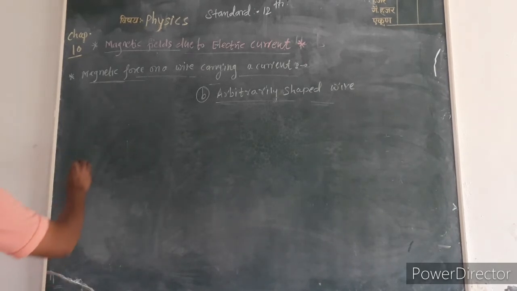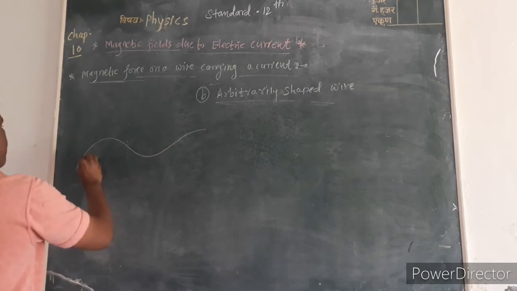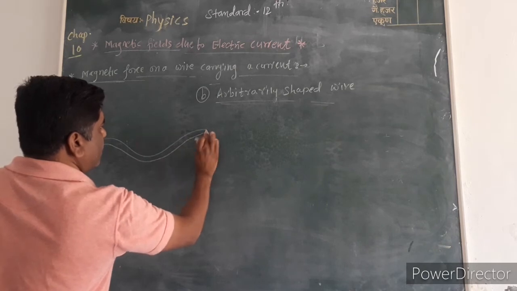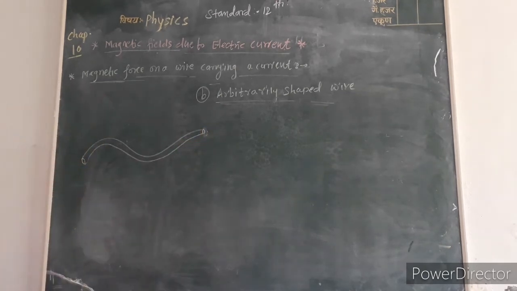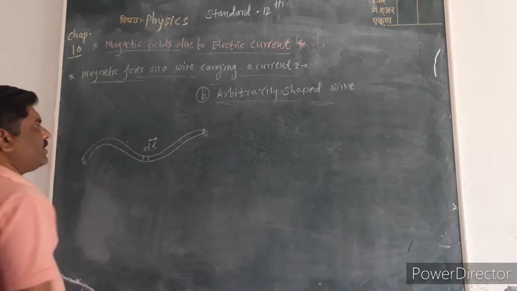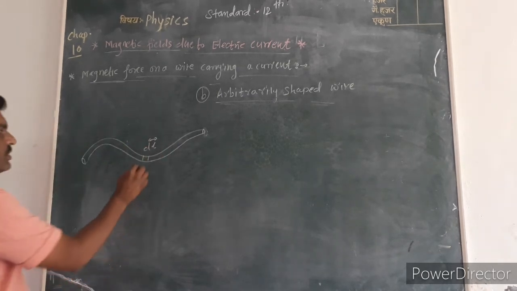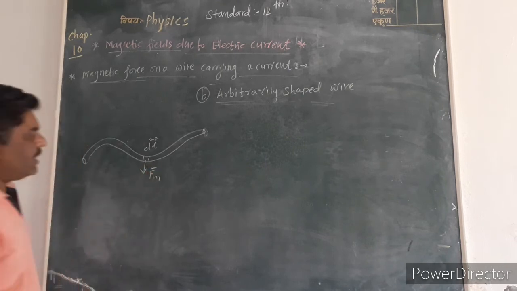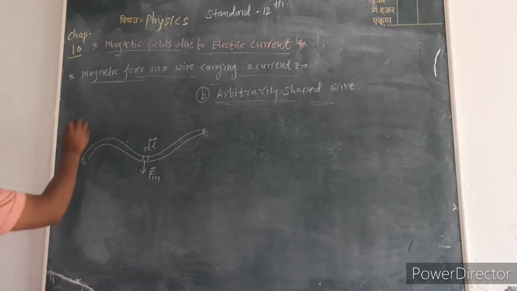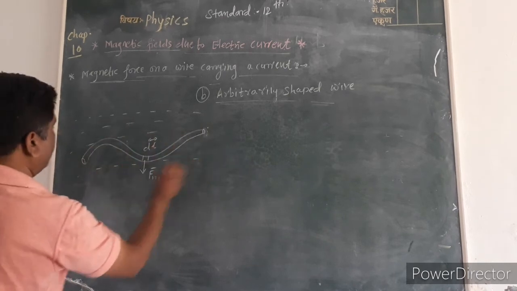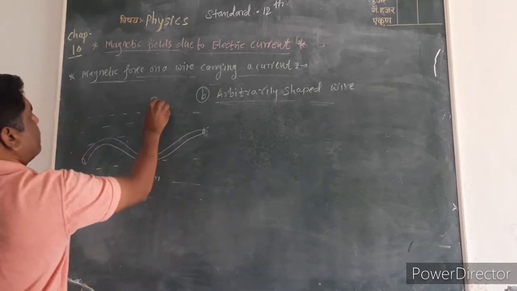Suppose we consider this arbitrarily shaped wire, and we consider dl bar as a very small length of this wire, and Fm bar is the force acting on this wire. Again, this wire is kept in uniform magnetic field B bar.